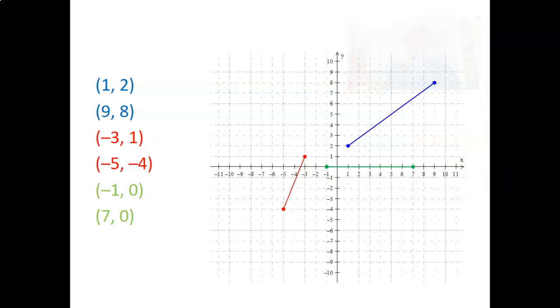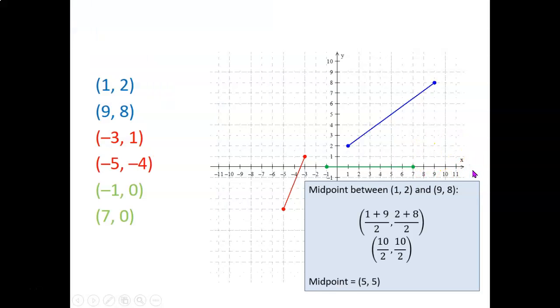So going back to our example points here, halfway between these 2 blue points, 1, 2, and 9, 8, if we apply the midpoint formula there, 1 plus 9, x-coordinate plus x-coordinate, gives us 10, and we divide that by 2 and get 5. So halfway between 1 and 9 is 5.